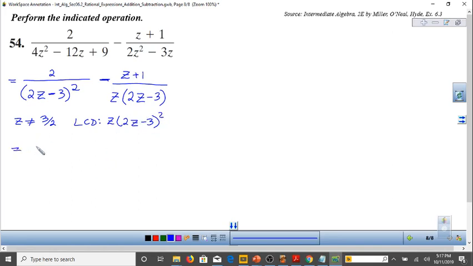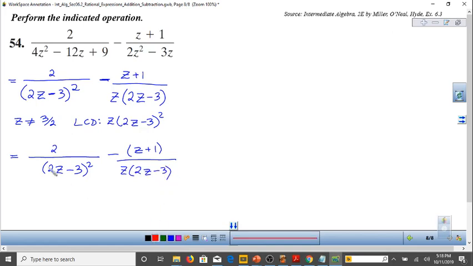And so now I can proceed. I'm going to rewrite my expression and multiply in my factors to get a common denominator. 2z minus 3 squared minus, I'm going to put a parentheses around z plus 1 over z times 2z minus 3.